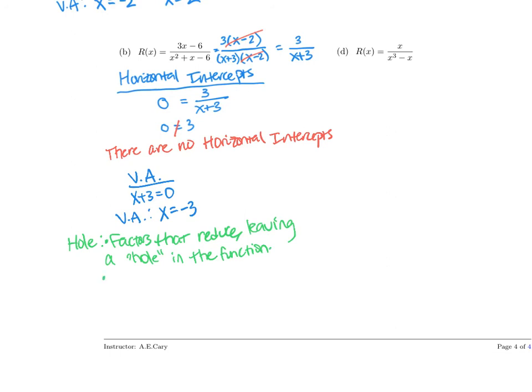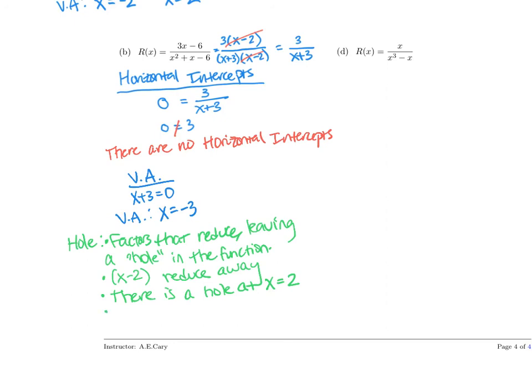So in our case, we had x minus 2 reduce away. So that's something that we found on top of our fraction and bottom of our fraction. That reduced away. So we can say there is a hole at x is equal to positive 2. So I set that factor equal to 0, solve for it, here we are.